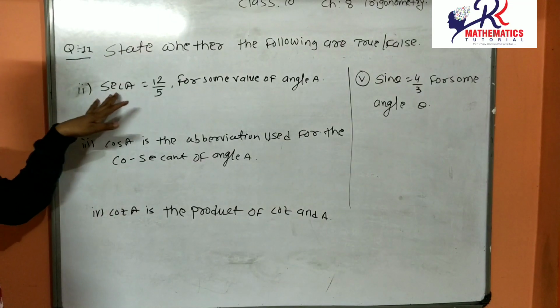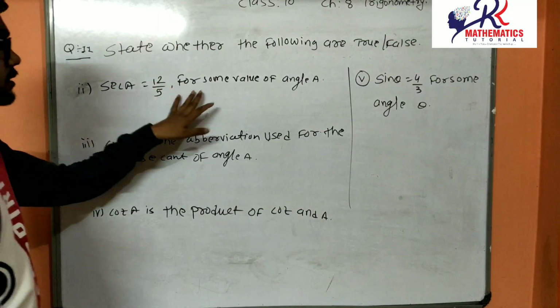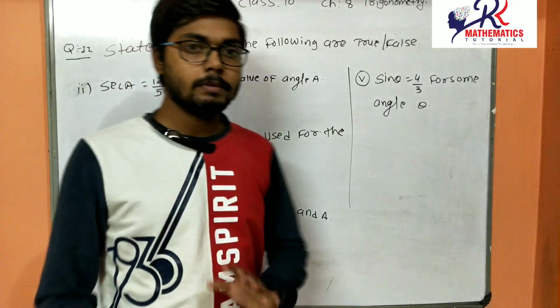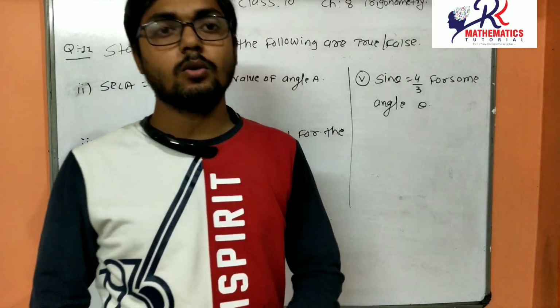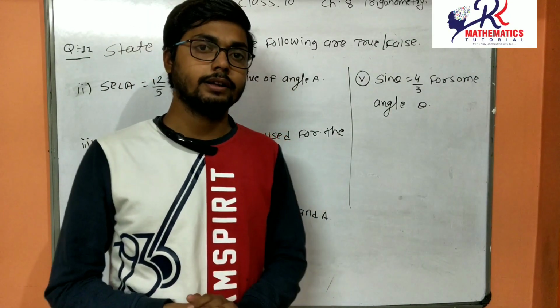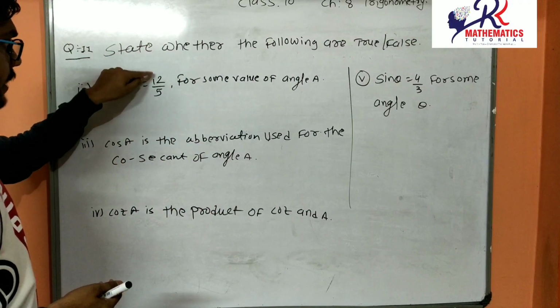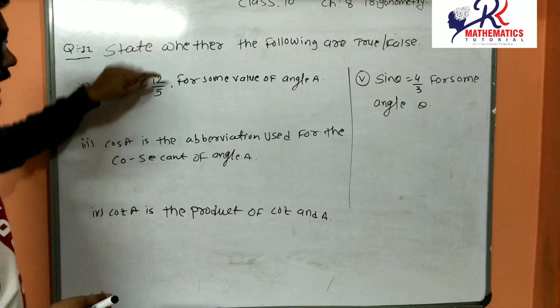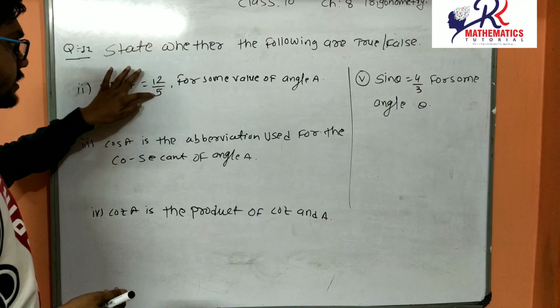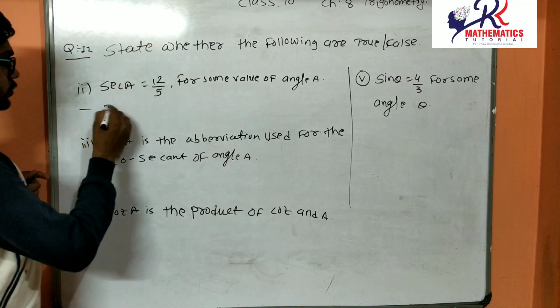Second, sec A is equal to 12 by 5 for some value of angle A. Remember one thing, the hypotenuse is the longest side for any right angle triangle. The formula of sec A is hypotenuse upon adjacent side. So here the hypotenuse is greater than the adjacent side, so it will be true.